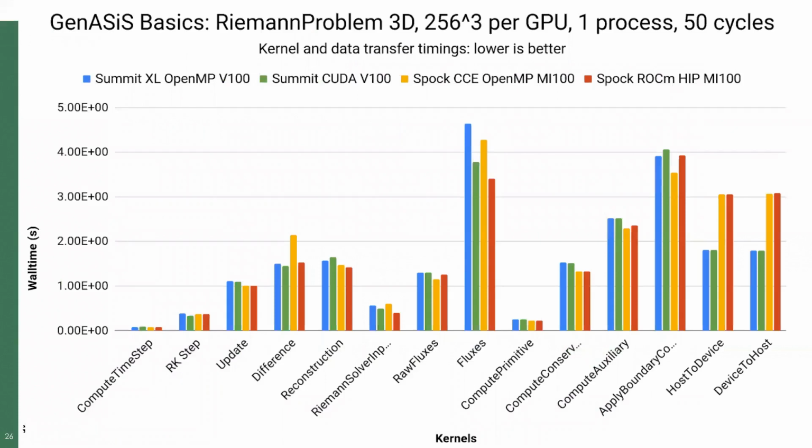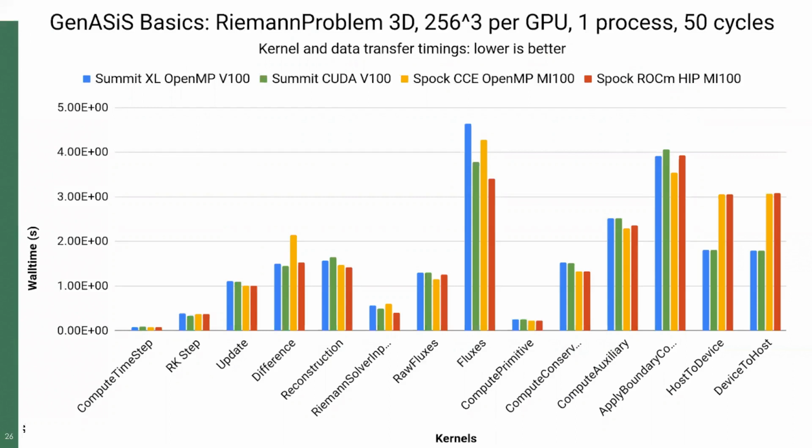So in this plot, again, as I mentioned before, we also ported this Riemann problem with only a handful of kernels to CUDA and HIP to see if we can achieve some kind of performance parity with OpenMP, and the result is really encouraging.